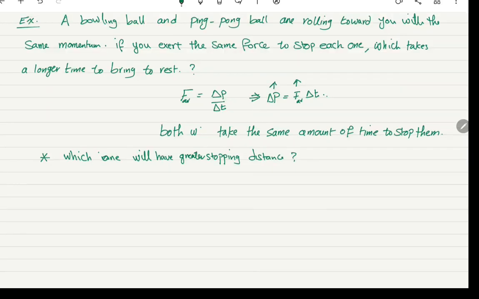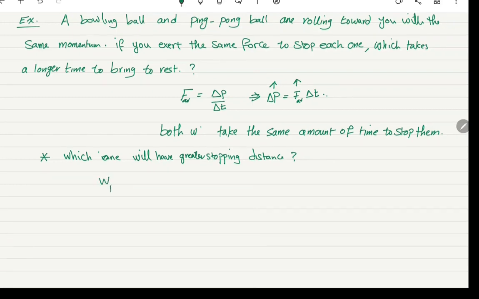Now, to answer this question, let's go back to the work energy theorem. Work total equals delta K. Now remember, the ball with less mass will have greater speed and therefore greater kinetic energy, because kinetic energy is related to V squared.